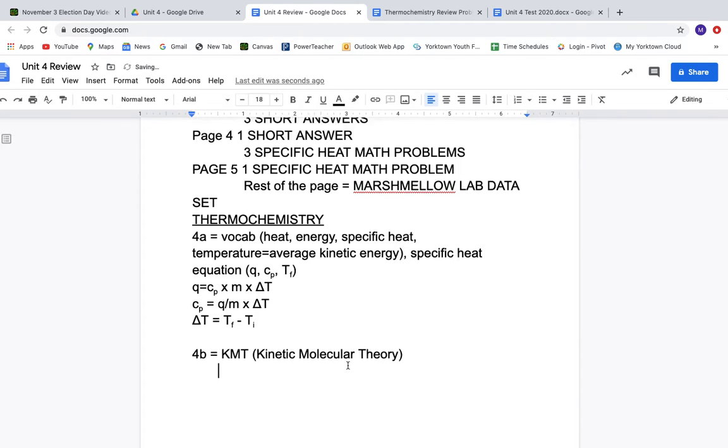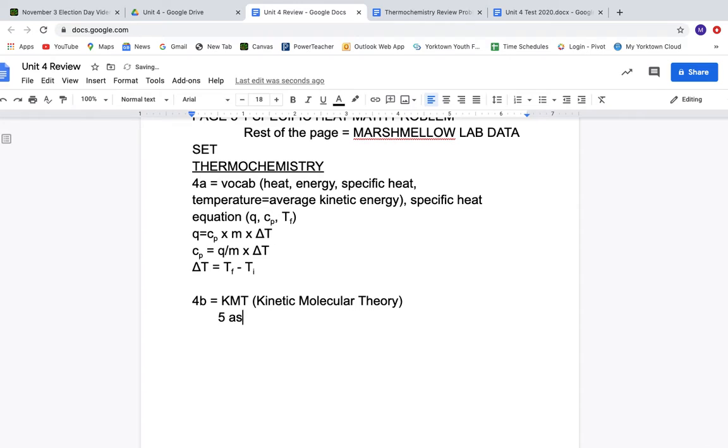So you should go back and familiarize yourself with the 5 assumptions of the KMT, especially going back and looking at what the word elastic means, and just the overall gist, the constant movement of gas particles in those 5 assumptions.